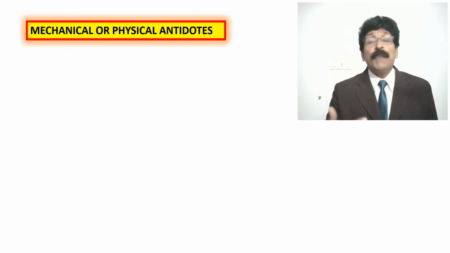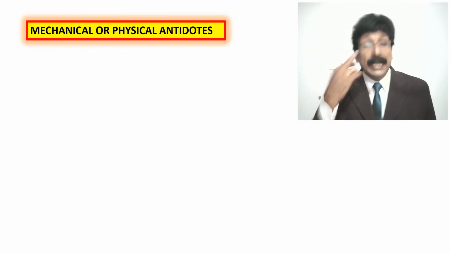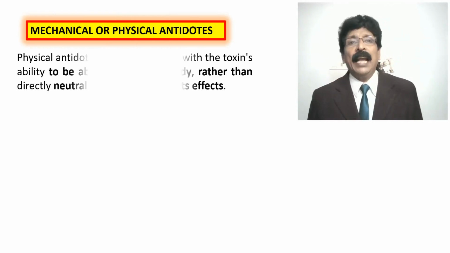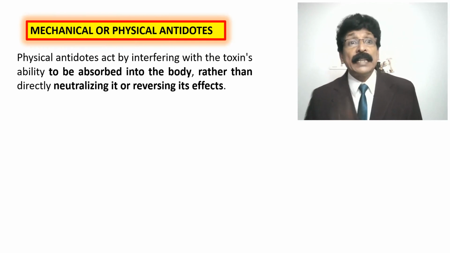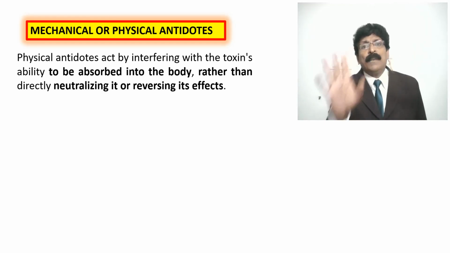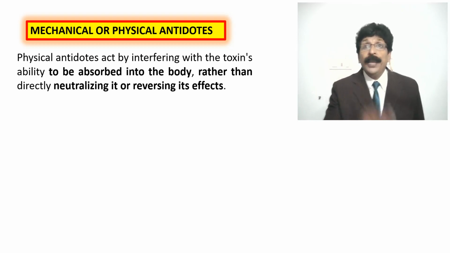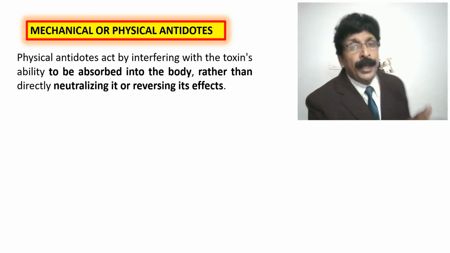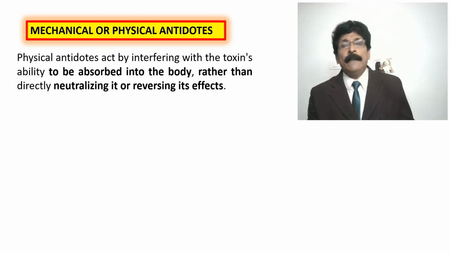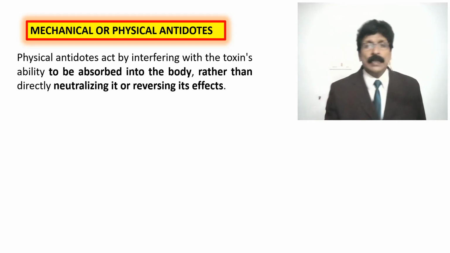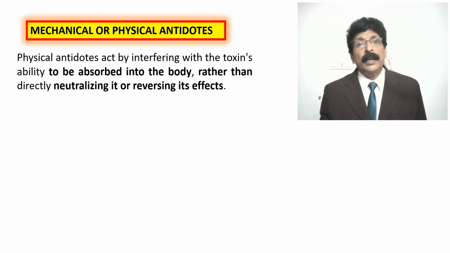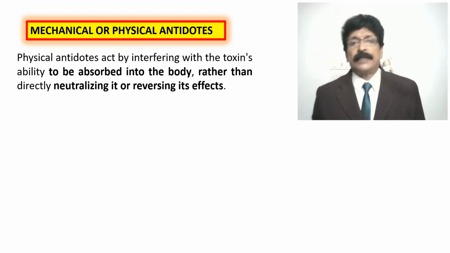First, what we said, dilution in mechanical or physical antidotes. Physical antidotes act by interfering with the toxin's ability to be absorbed into the body rather than directly neutralizing it or reversing its effect.